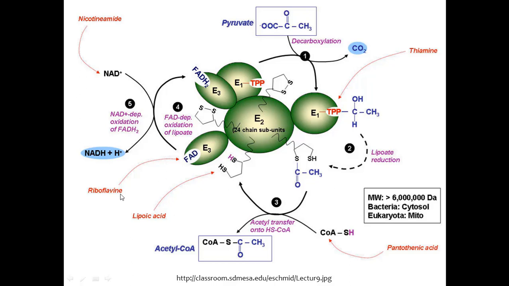Of course, riboflavin is the cofactor for the E3 subunit, as I mentioned. Alpha lipoic acid is the cofactor for the E2 subunit. And we also have some other vitamins coming into play here. Pantothenic acid is B5, nicotinamide is B3, of course. But again, this thiamine pyrophosphate is our focus today, and it's important to see how it helps this enzyme function.